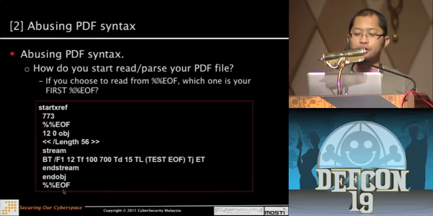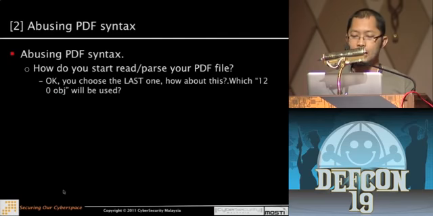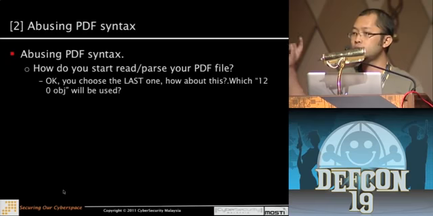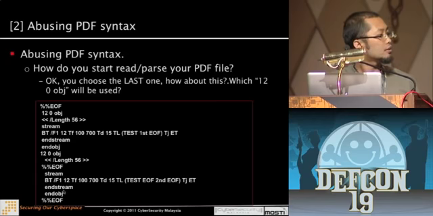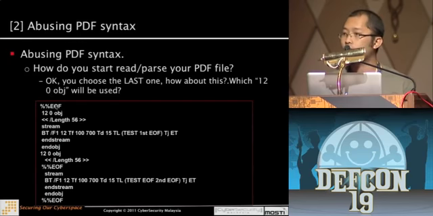And then, for example, if you choose the last one, okay? And then how about this? If you choose the last xref and take a look at object 12, in this xref you have multiple object declarations for object 12. For example, you have one, you have two here.